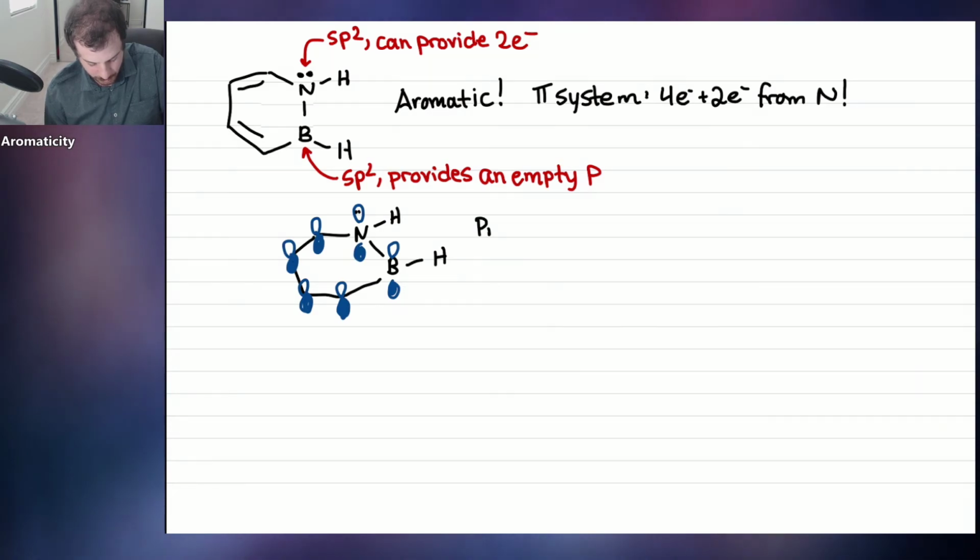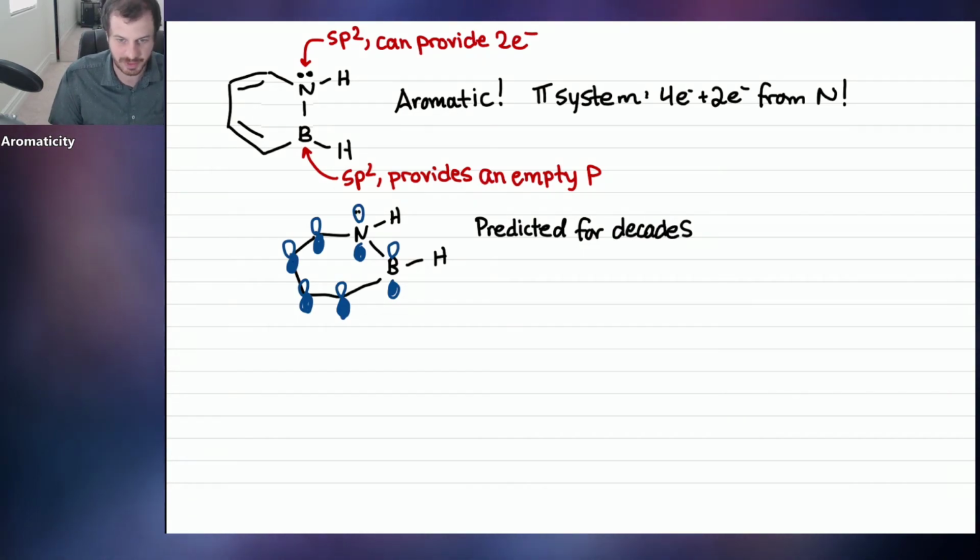So this compound was predicted for decades. Once the Frost circle people and others had been predicting aromatic compounds, they predicted that this compound should be extremely stable, and it was finally made in 2009.